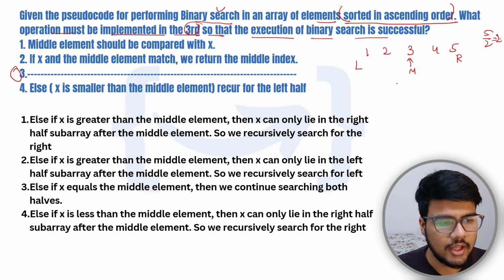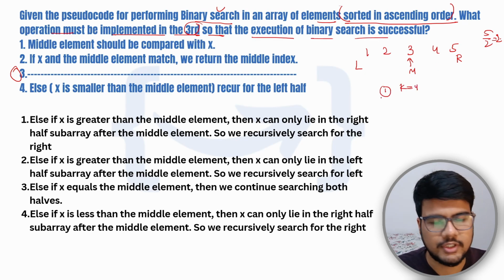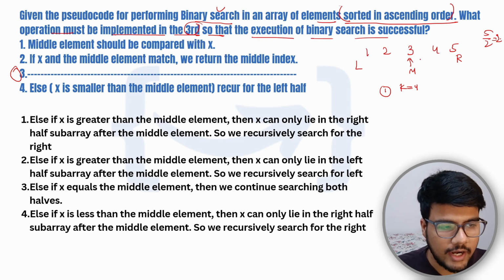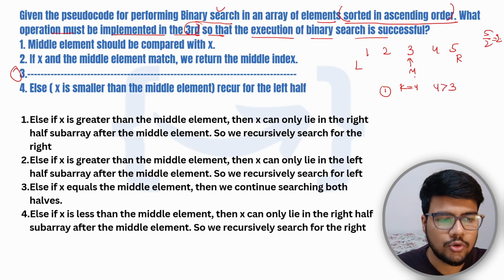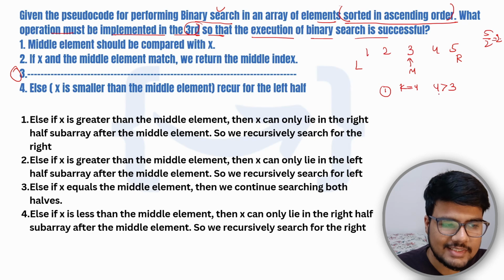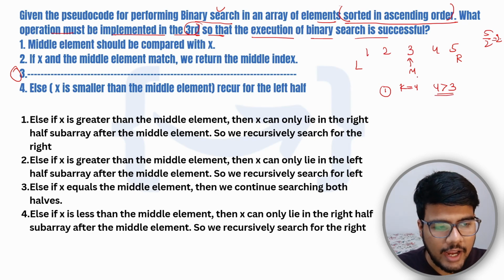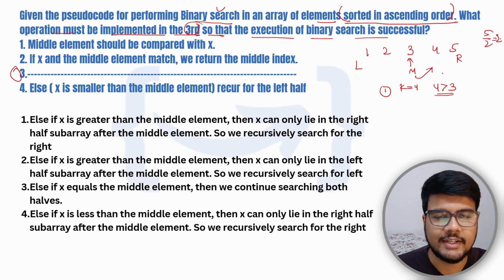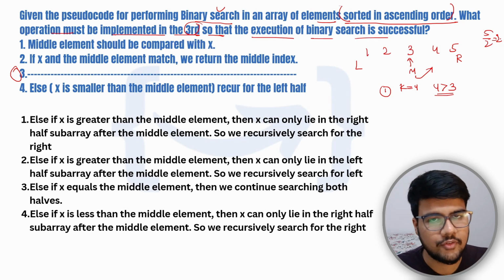Okay, so 3. The simple part is, let's say you need to find k equal to 4 in the very first test case. You know that 4 is greater than 3. So anytime I find that the element my mid is pointing to is less than my given k, I need to traverse on the right side subarray, not the left, because the left is totally less than the given mid.